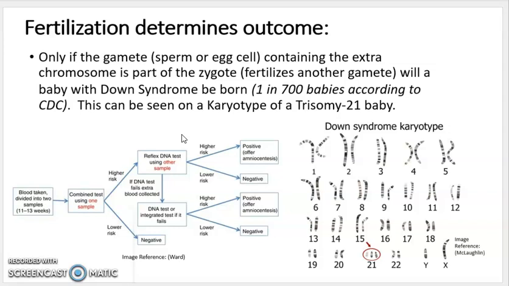A mother's blood carries DNA from the uterus, which detects the genetic material. In addition, if it's positive, an amniocentesis can be performed to confirm the diagnosis. If it's negative, usually no further testing is needed. And over here, I have an image of the Down syndrome karyotype, which also detects trisomy 21.